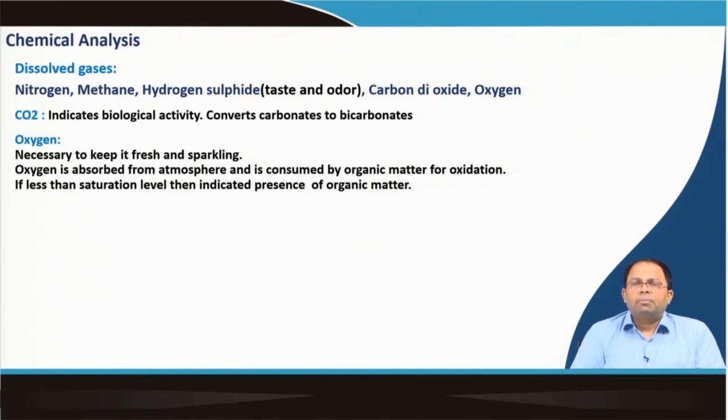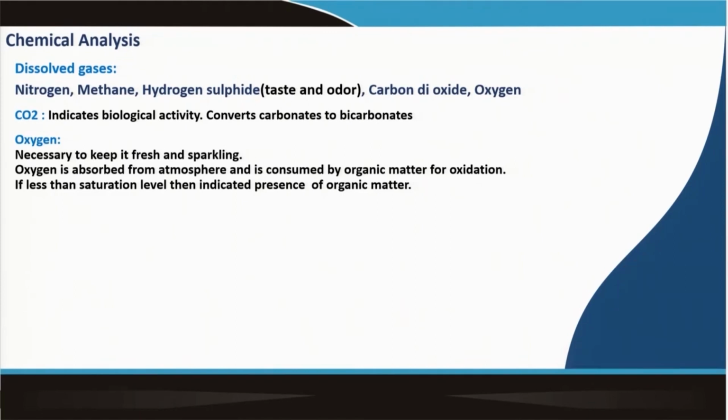That means some amount of biological oxygen demand is yet to be satisfied. So we measure the dissolved oxygen in water, and that is very, very important, which gives us an understanding about whether the water is safe for drinking or is contaminated with certain impurities which need to be treated first.